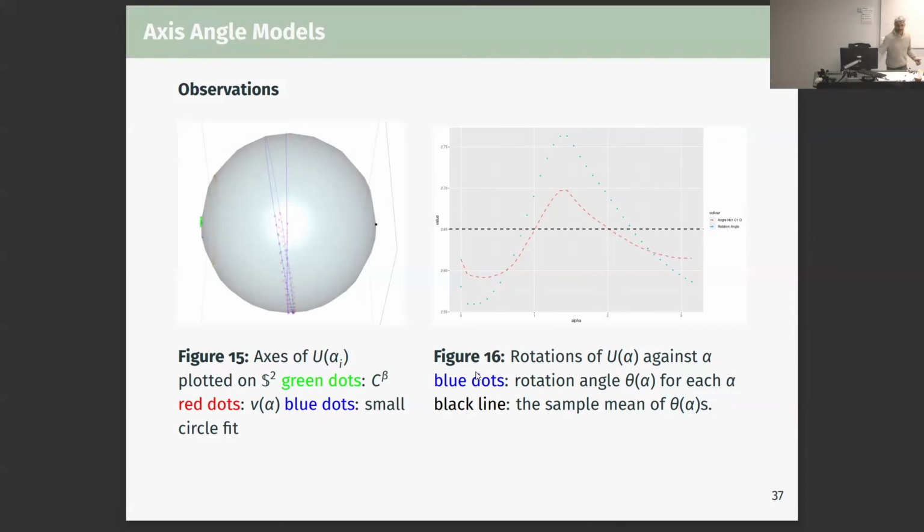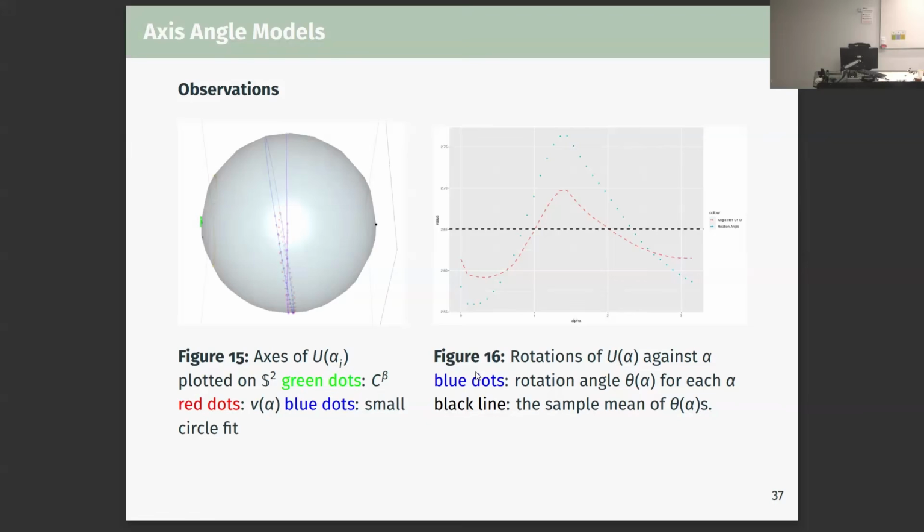So this next model takes these rotation matrices, these 37 eigenframes, and plots the axes of rotation on a sphere, and then tries to fit them with a small circle, using something called principal nested spheres.